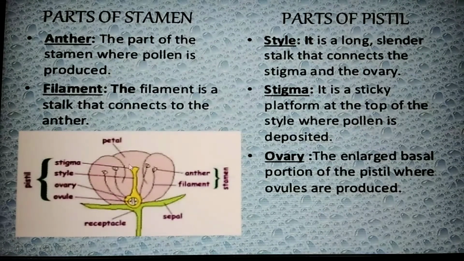At the tip of the style, it contains a sticky platform-like part, which is known as stigma, where the pollen is deposited, and at the base of the style, it contains an enlarged basal portion, which is known as ovary, where small ball-like structures are contained, which are known as ovules. And it is known as pistil or carpel.